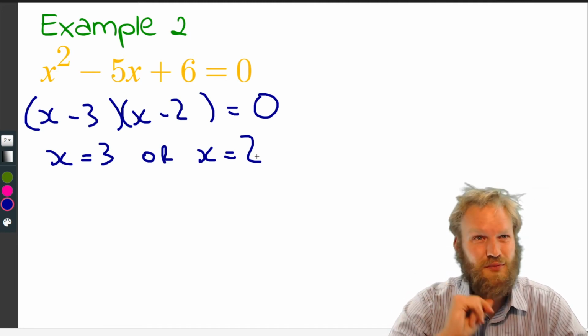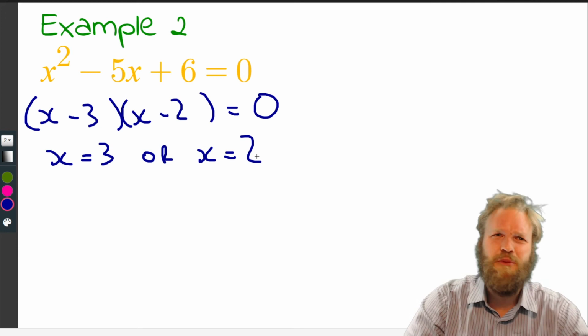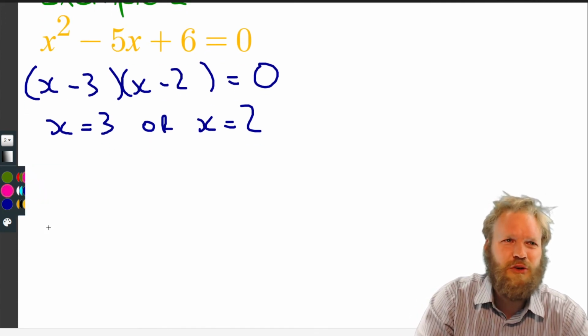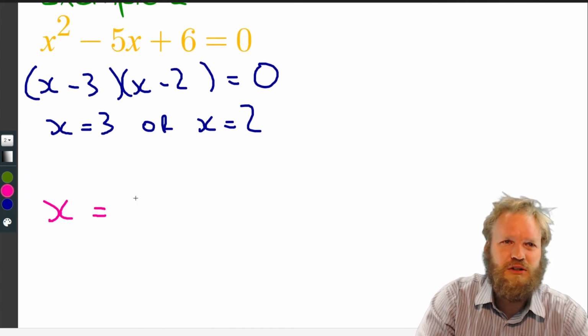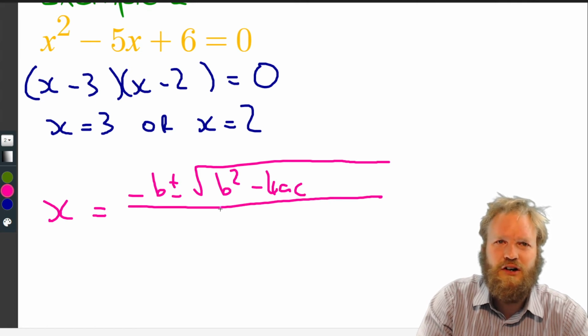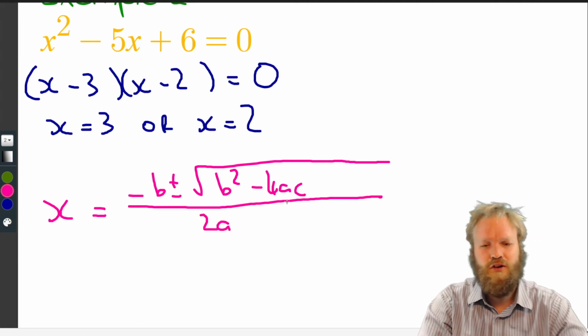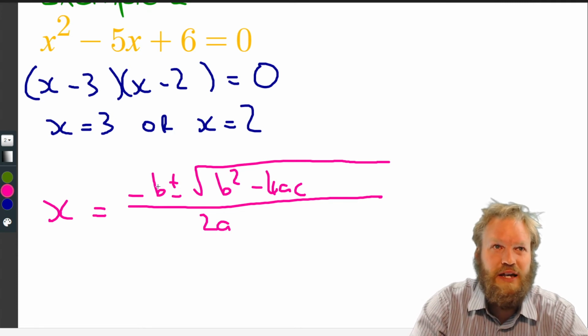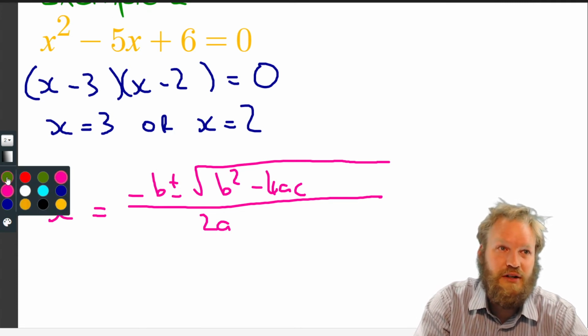So we're good. But now we've got the quadratic formula and we're just going to reach for it. So we're going to say x equals minus b plus or minus the square root of b squared minus 4ac, everything over 2a. Cool. Wherever we see a b, we're going to put negative 5.